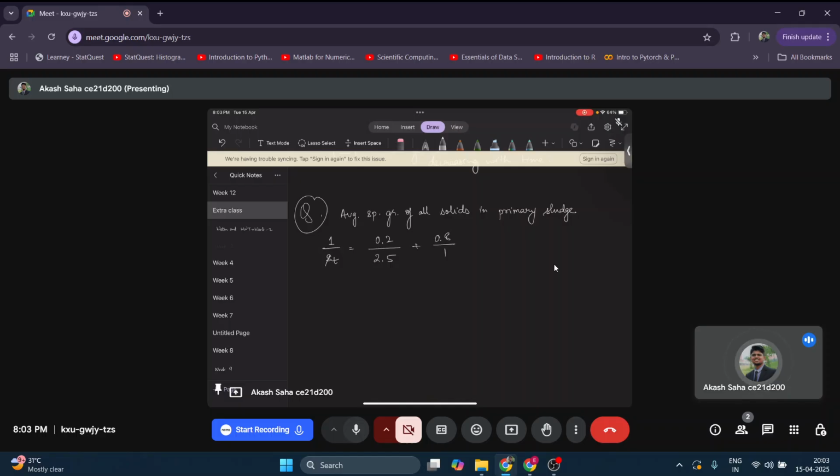Okay, so from here we'll get St is equal to 1.14. So this is for the primary solids.